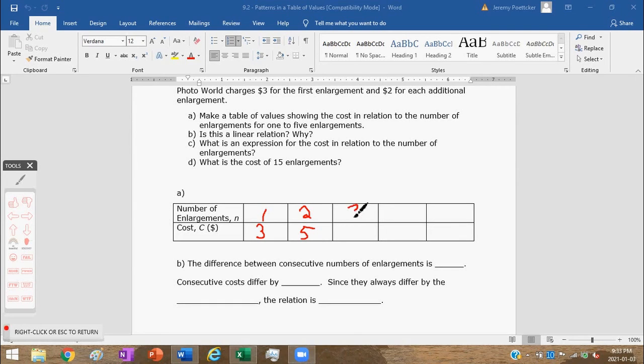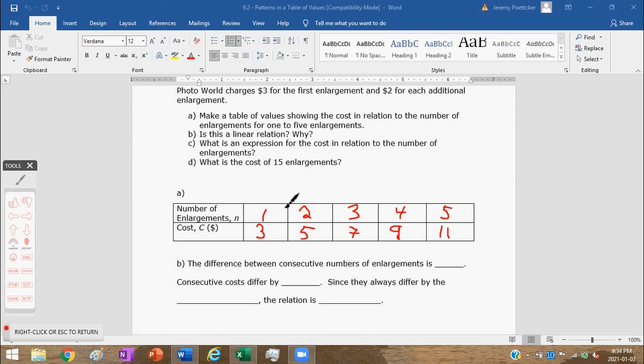So 2 enlargements would cost us $3 plus 2 more dollars, so $5. 3 enlargements is going to be 2 more dollars than 2 enlargements, so it's going to be 7. 4 enlargements, that's going to be $9. 5 enlargements, that will be $11.